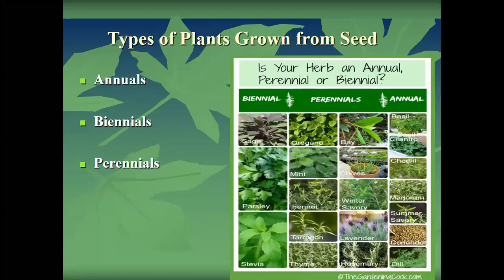This slide is basically showing you that there are different types of plants that are usually grown. There are annuals, biennials, and perennials. If you recall from when we did weed science last year, annuals are very prolific. They produce a number of seeds, and this is a survival strategy, a survival mechanism, where a lot of them produce a lot of seeds.